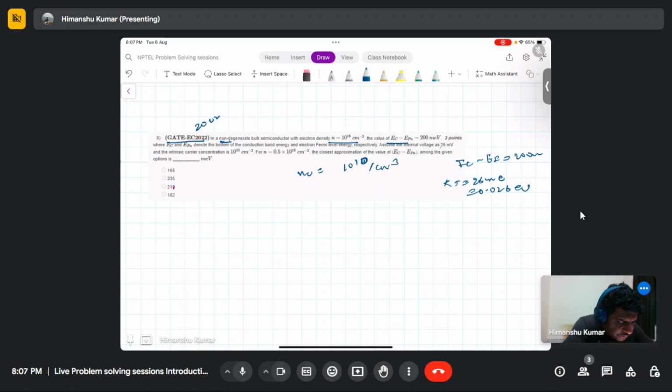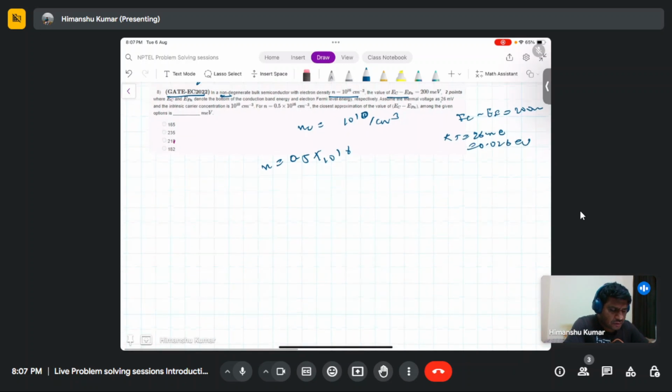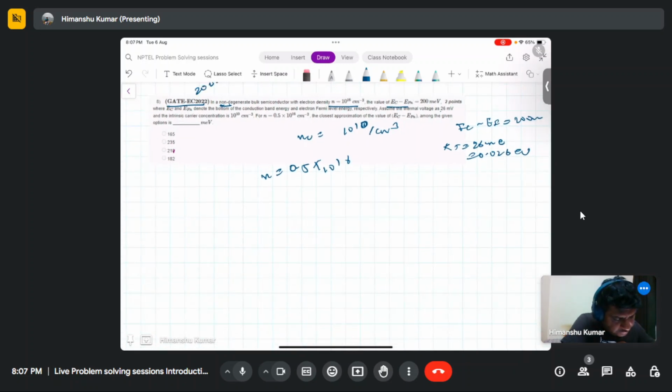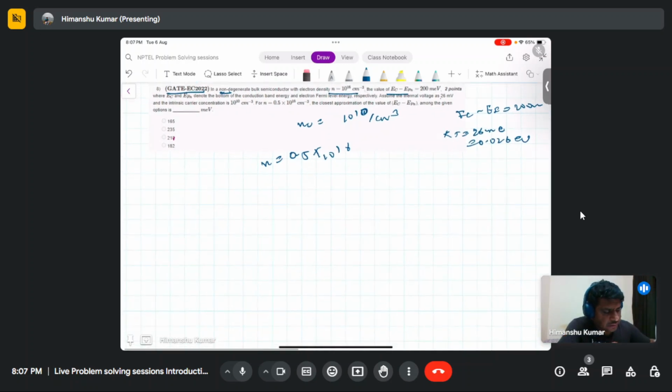For n equals 0.5 into 10 power 16, the closest approximation to the value of EC minus EFN among the given options is asked.